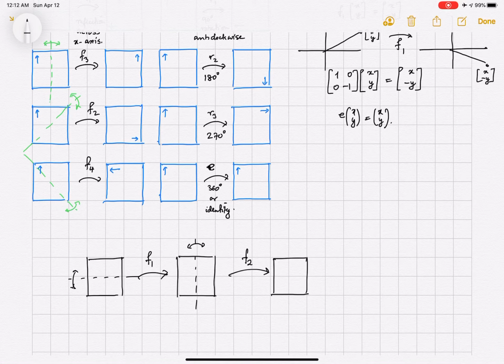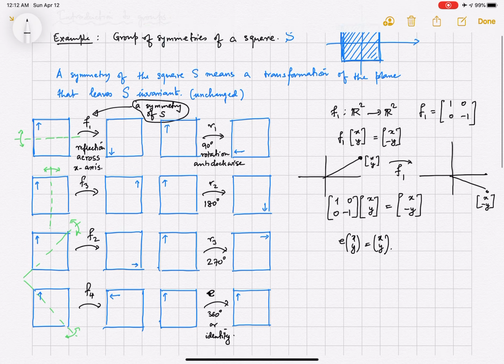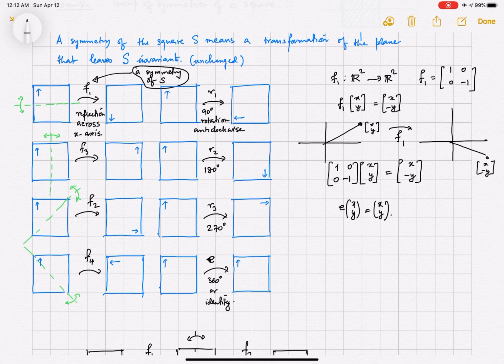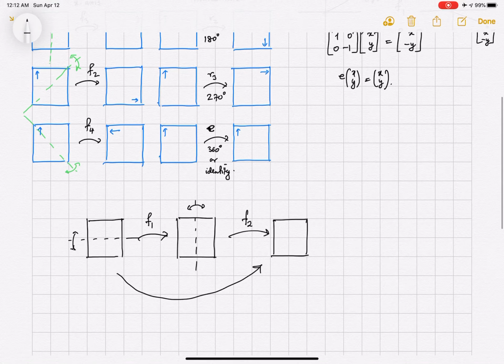So if I apply them back to back, the net result is also a transformation that leaves the square in its own place. I claim that this net result is again one of these 8 transformations that we have listed. Let's figure out. The best way to figure that out quickly, if you're not good at visualizing these things, I'm not, is to label the vertices and see what happens to the vertices.